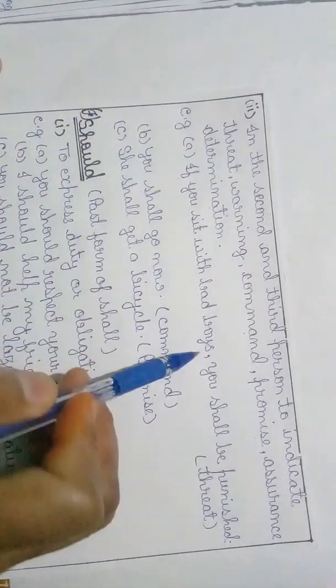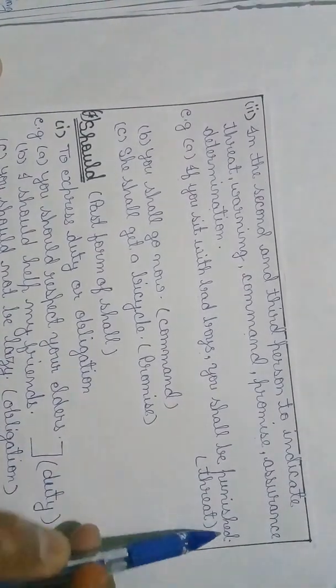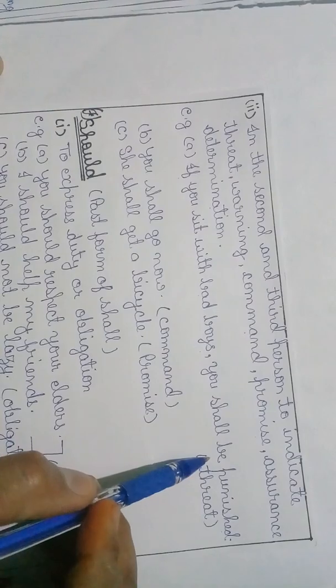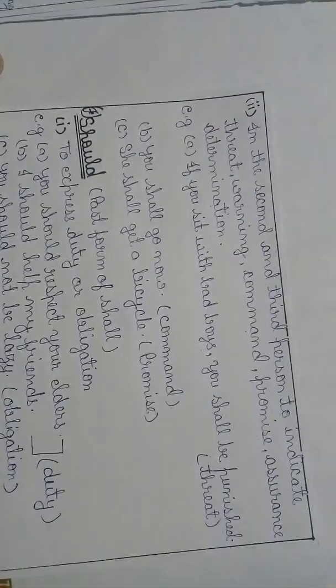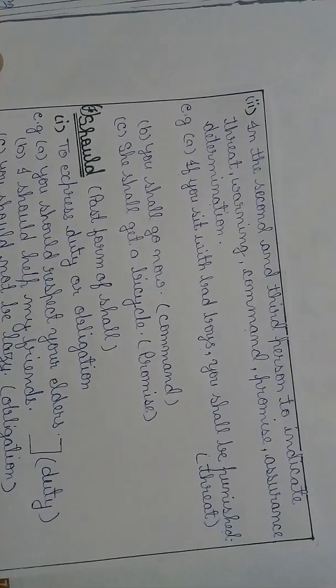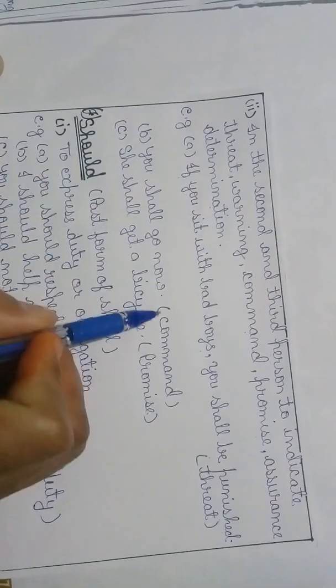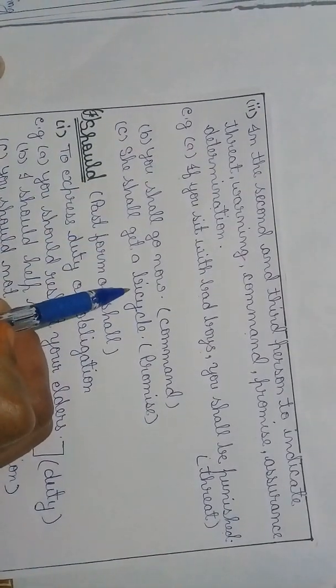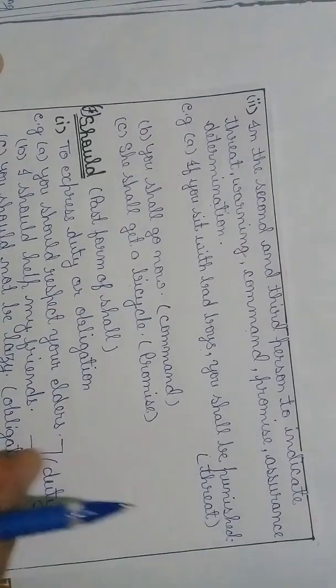If you sit with bad boys, you shall be punished. Look at the statement. Here it shows the threat. Next, you shall go now. Command. She shall get a bicycle. Promise.